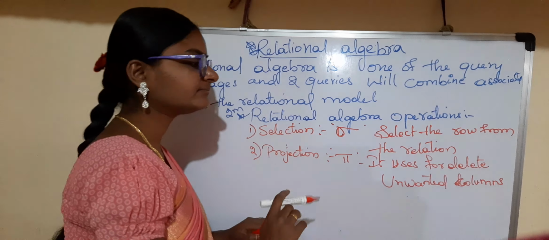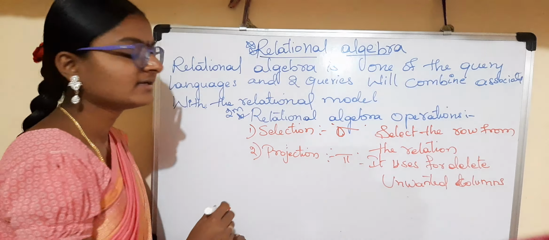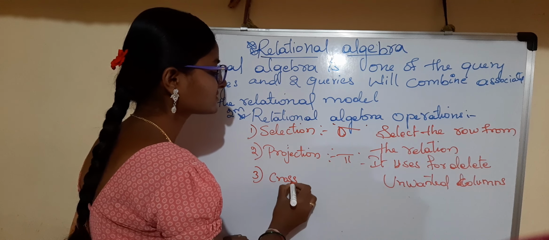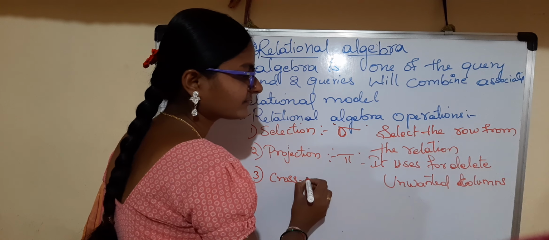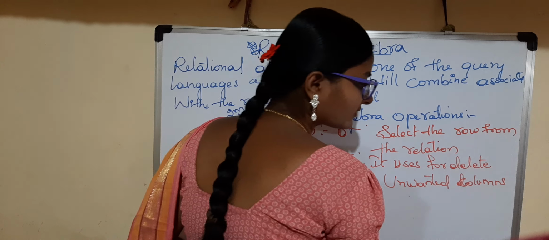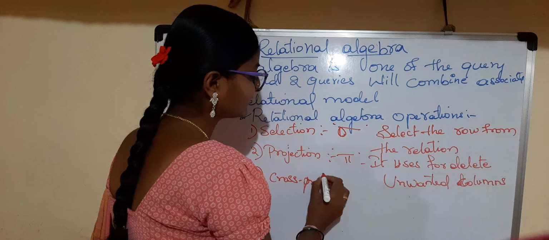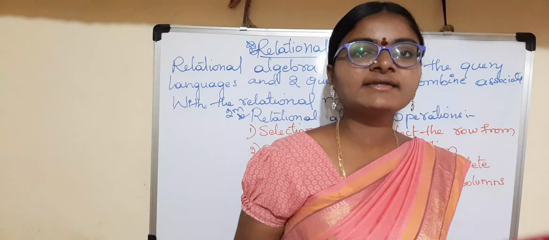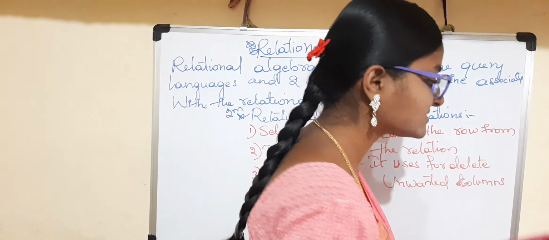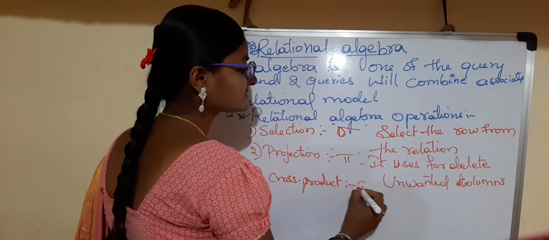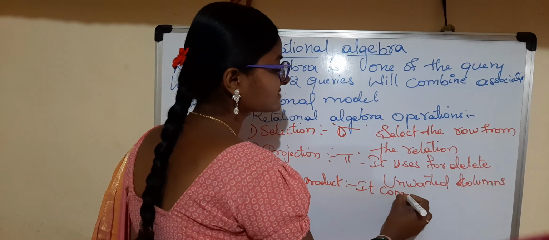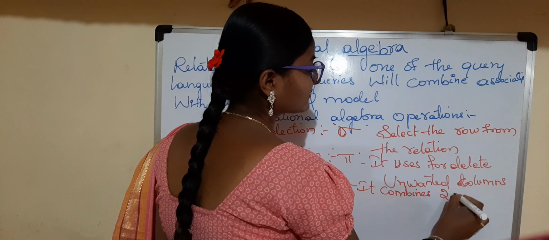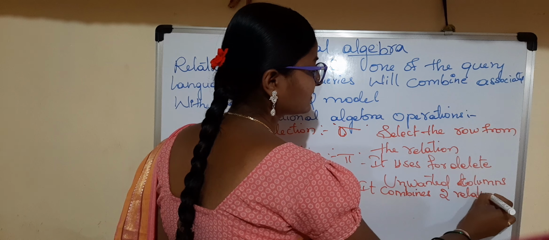Selection is completed, then projection. After that we have the cross product. In cross product, what we will do? It allows combining two tables. It combines two relations.